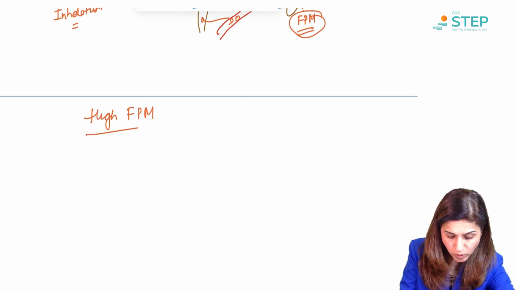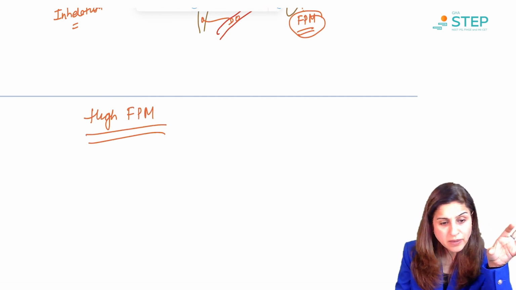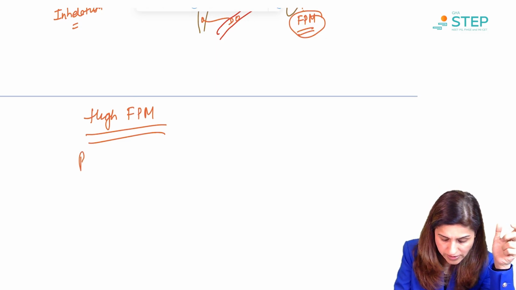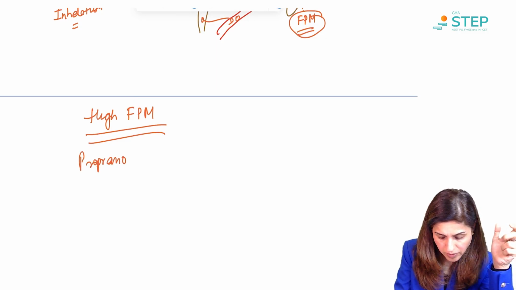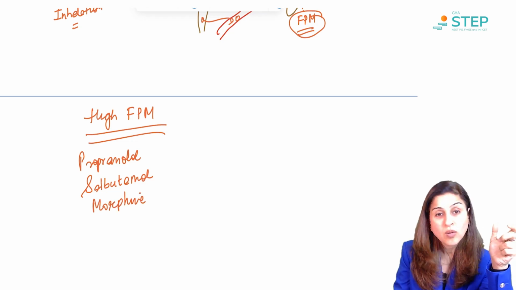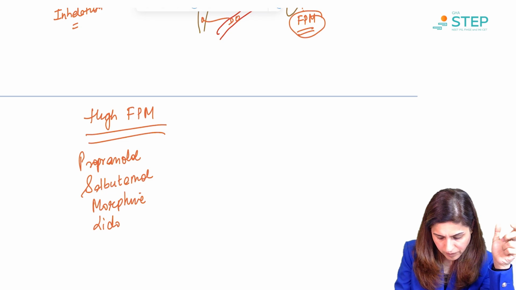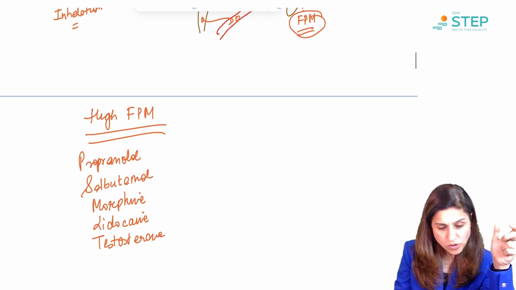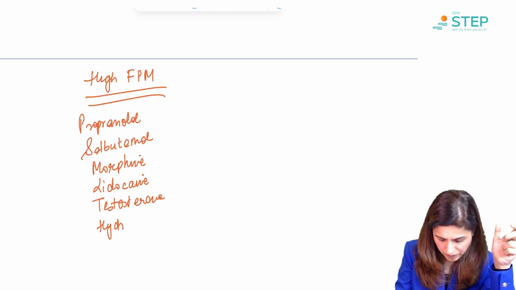Which are these drugs with very high first pass metabolism? We have propranolol, salbutamol, morphine, lidocaine, testosterone, hydrocortisone and nitrates.